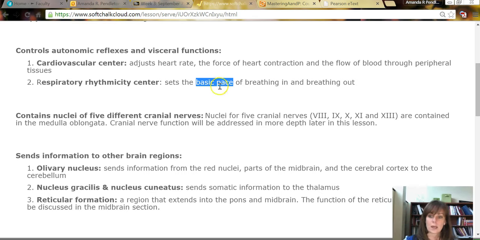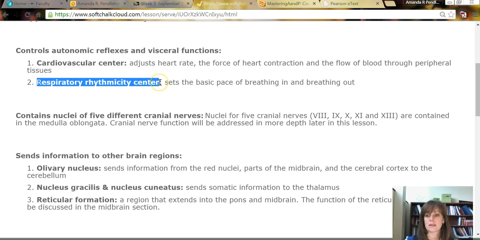So I think of it more like a spark plug that triggers breathing in and out, but it's actually going to be a different brain region, the pons, that will control how fast or slow that spark plug will fire. So I think of the medulla oblongata as that spark plug that something else is controlling if it fires fast or slow.